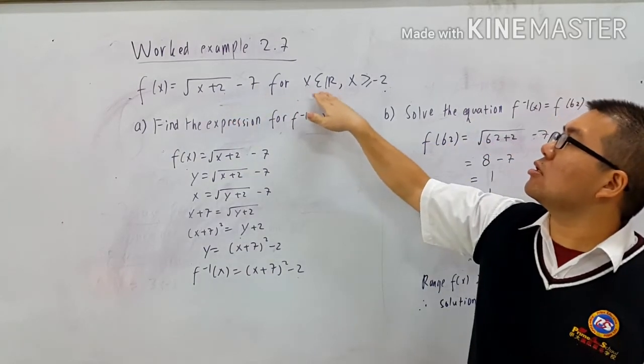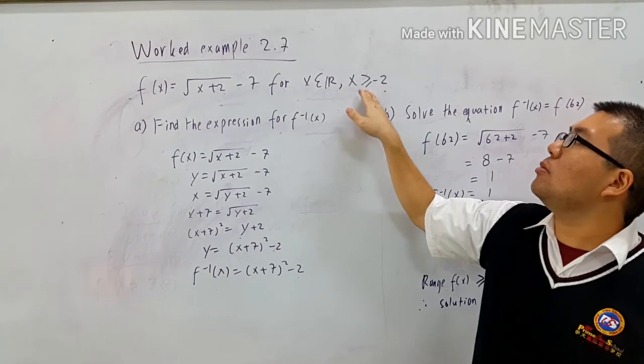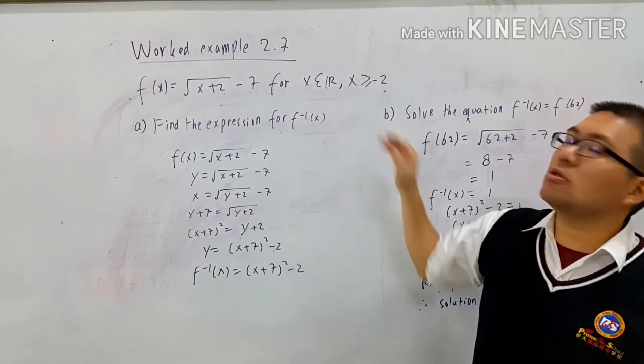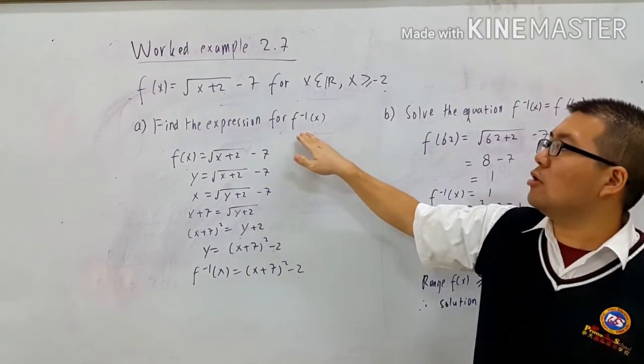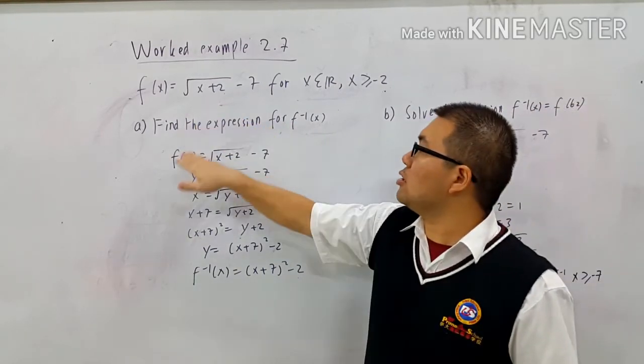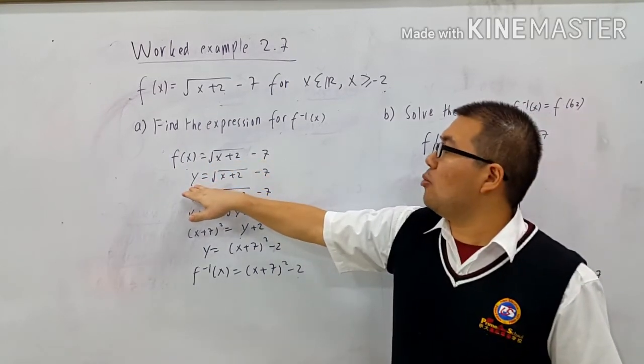The domain is restricted; x can only be equal to or bigger than minus 2. Okay, so we are asked to find the expression for the inverse. Okay, how to do it? As usual, we write the expression f(x) equals root of (x plus 2) minus 7. Change it to become y.